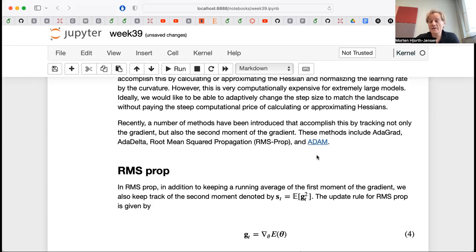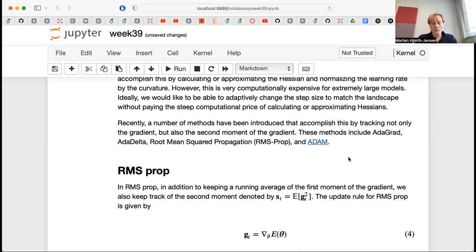After that, we are going to look at more examples, and we're also going to look at how we can calculate the gradients without setting up an analytical expression, but with automatic differentiation. These are technicalities which you will find very useful. Methods like AdaGrad, RMS prop, and ADAM are widely used in machine learning optimizations.